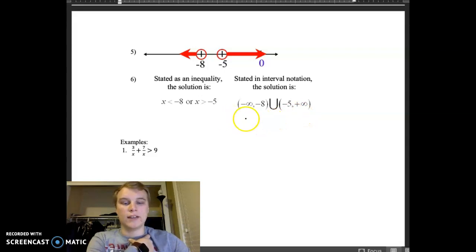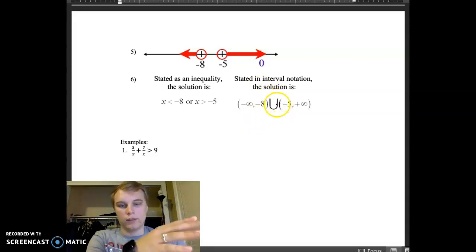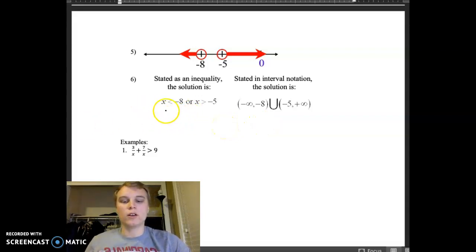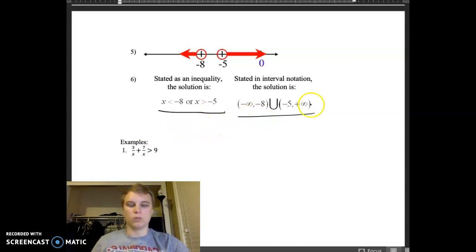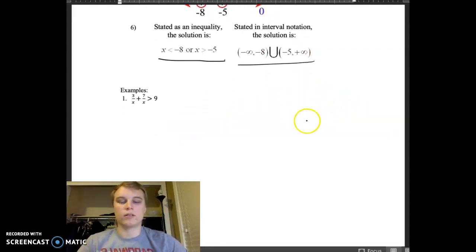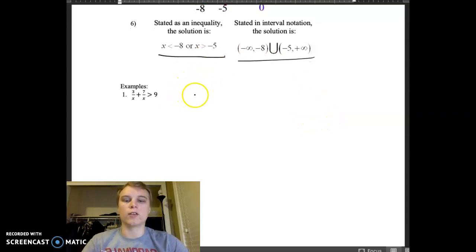We have -infinity to -8 with parentheses because we can't equal the others. Or, just like probability, the U, that means or, -5 to positive infinity. Okay? So your answers, once you figure it out, should look like this or this, okay? One of these forms. We recommend the interval notation, but if you do the set builder, you're not wrong.